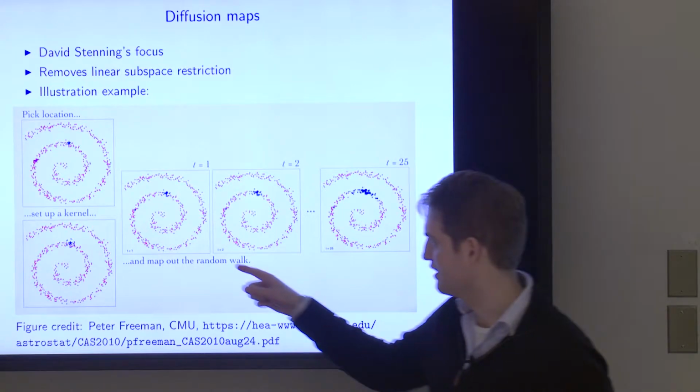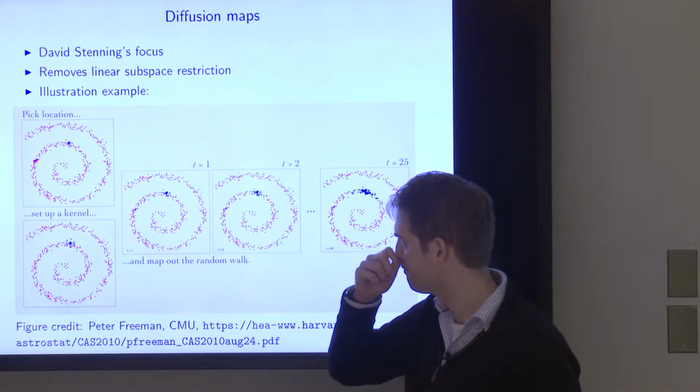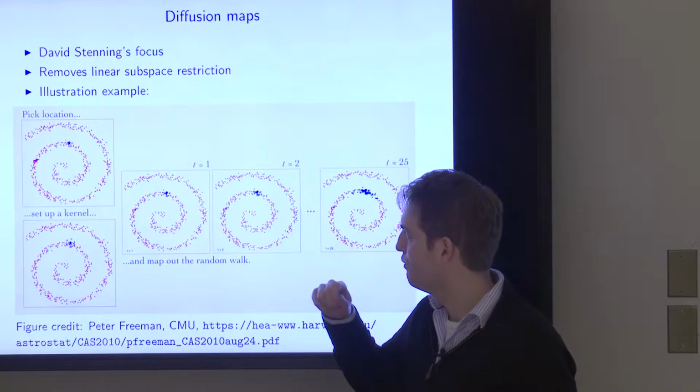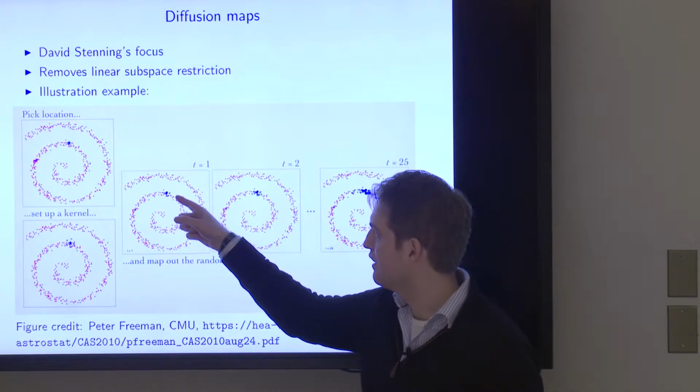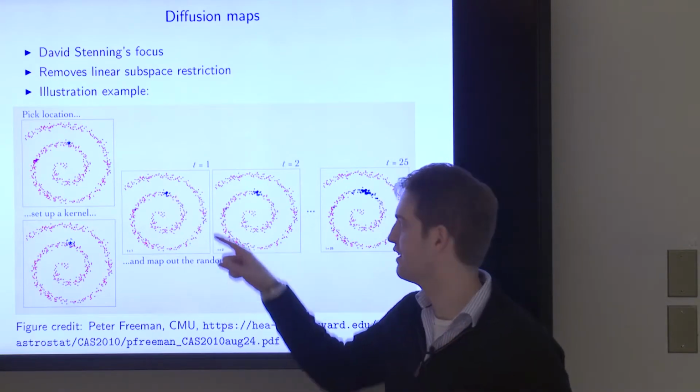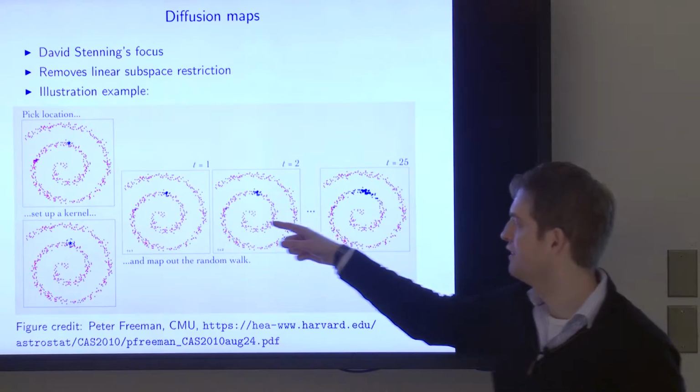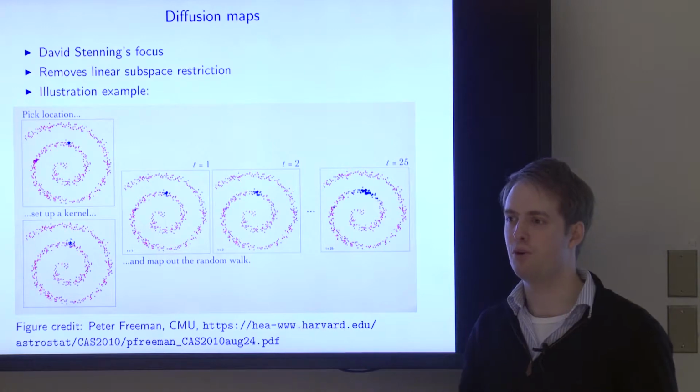What diffusion maps does is it says we can set up some diffusion. So basically you start somewhere and then over time you diffuse to nearby points, okay?